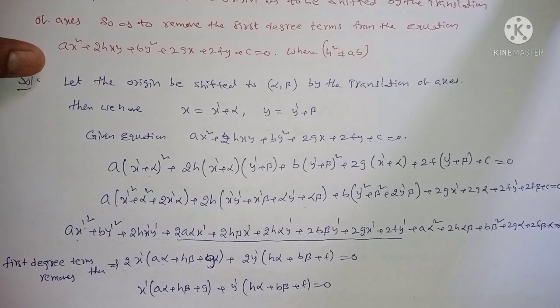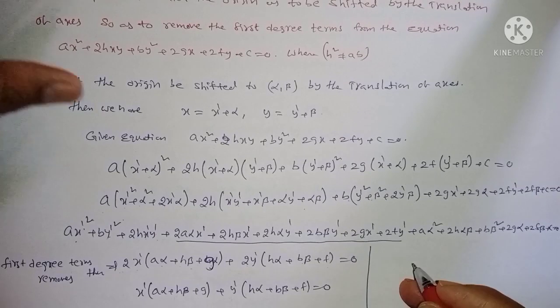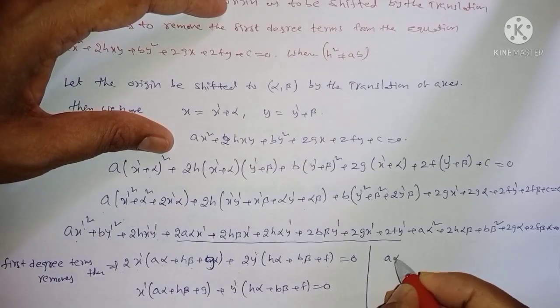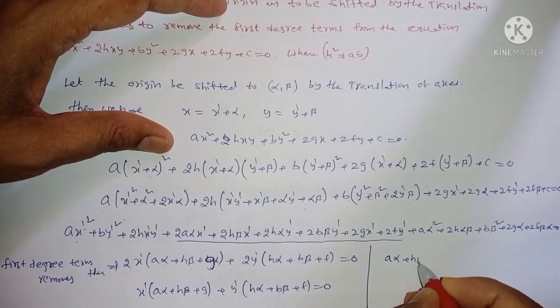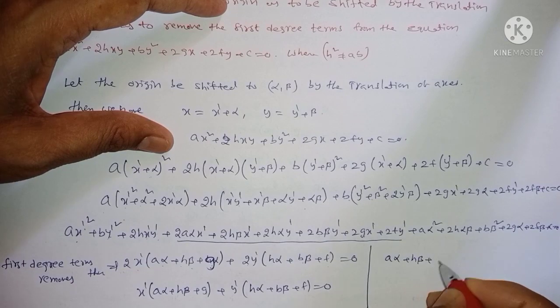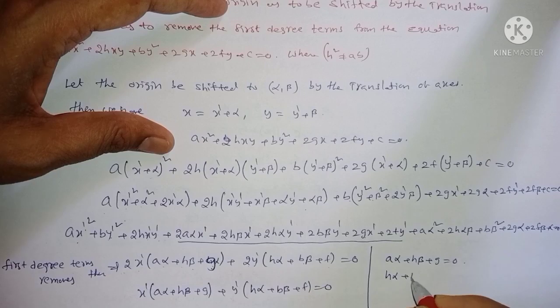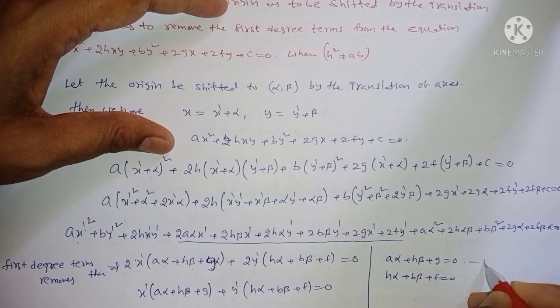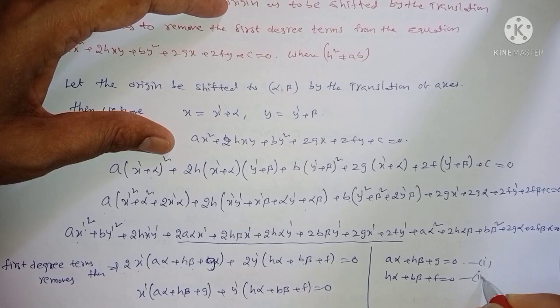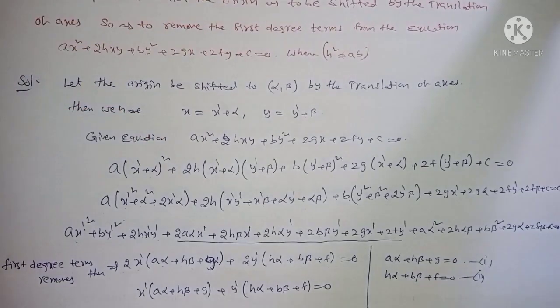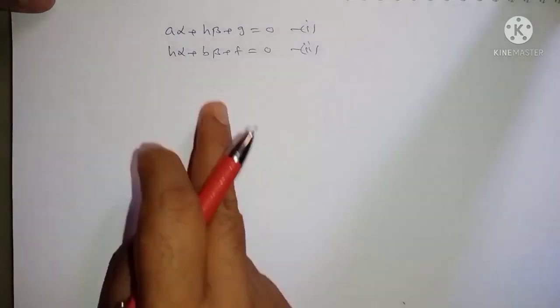You got two equations: a alpha plus h beta plus g is equal to 0, and h alpha plus b beta plus f is equal to 0. You can solve these two equations.